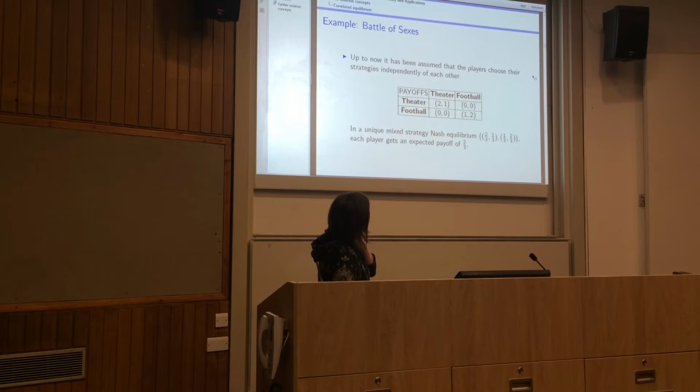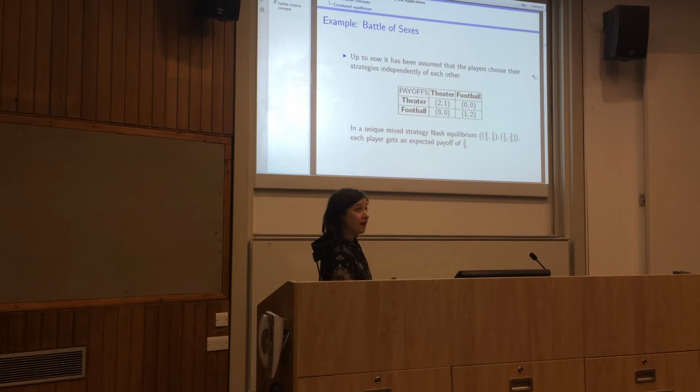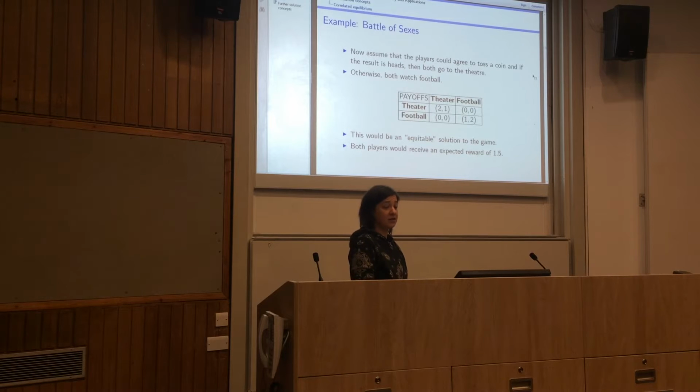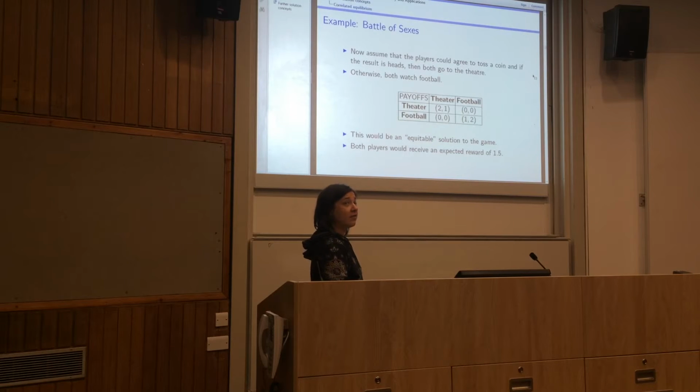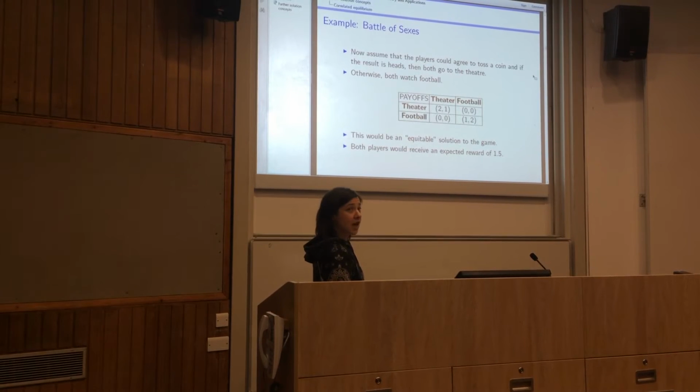But now assume that the players together can correlate their actions. They flip a coin together, and if the coin shows heads, they go to the theater together, it's probably half. And if the coin shows tails, then they go to the football together.